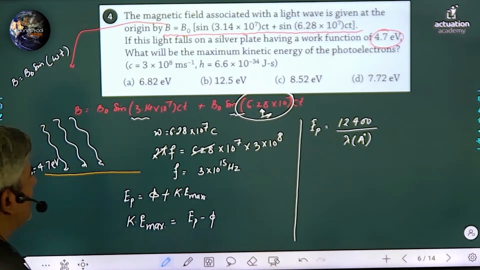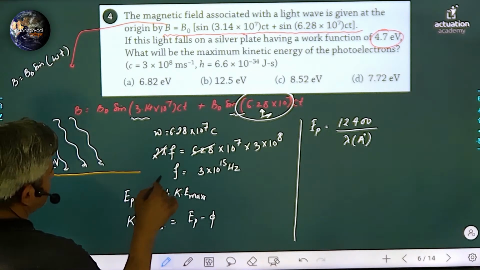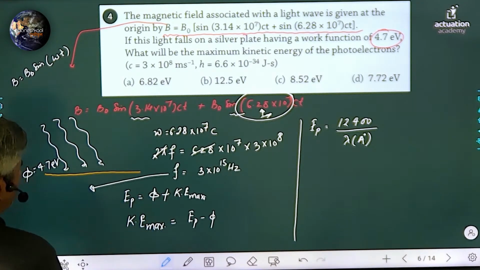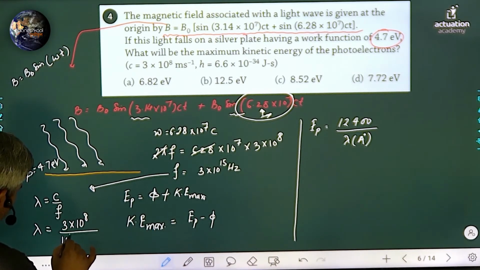Now lambda can be calculated. Lambda is c by f, so c is 3 into 10 raised to power 8, over 10 raised to power 7 into 3 into 10 raised to power 8.